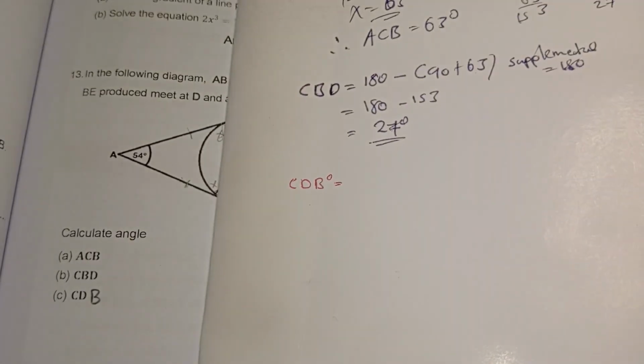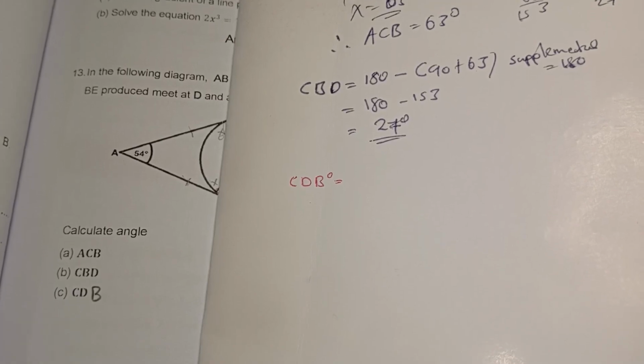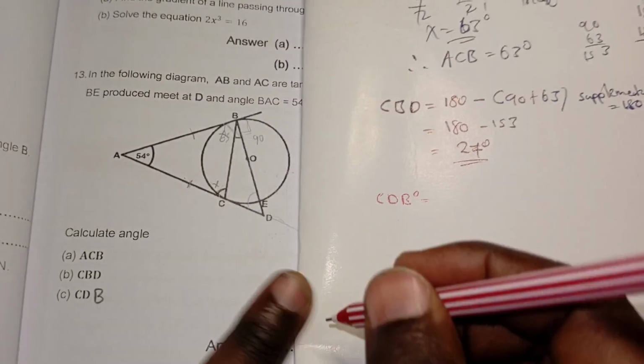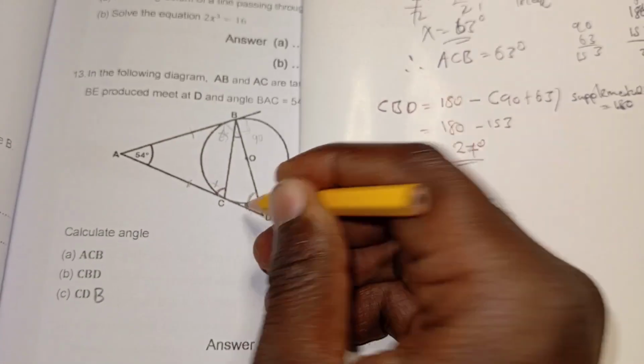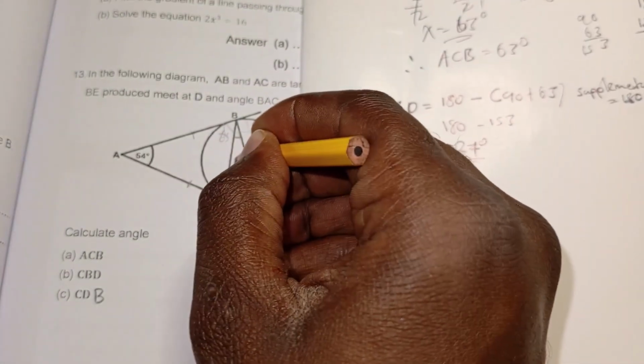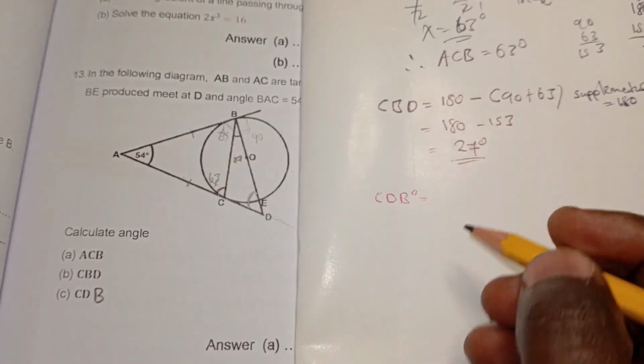So for us now to find it, what we'll do is this. Remember here we have 27 for this one. Now we need to find this one. Remember we said this is 63.